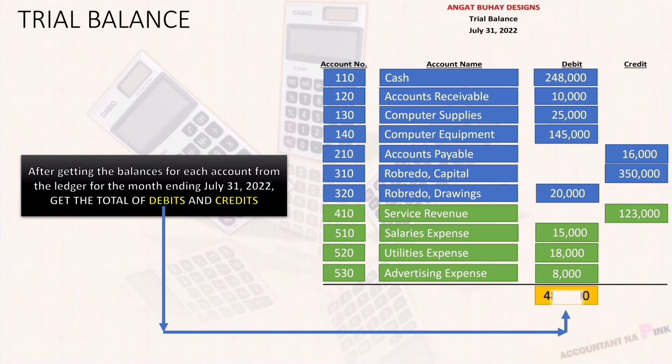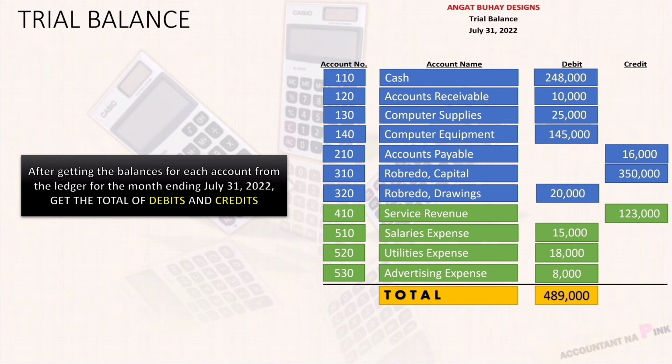So as you can see, the debit side, you will just add the balances from the cash, 248,000, accounts receivable 10,000, computer supplies 25,000, computer equipment 145,000 pesos, Robredo drawings 20,000 pesos, and of course the expense accounts, the salaries, utilities, and advertising.